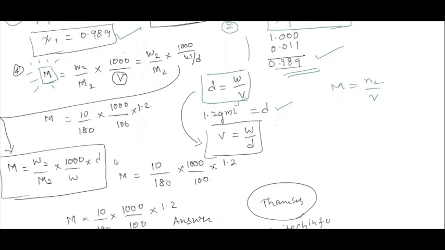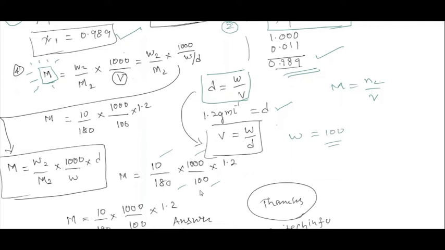Therefore, M is equal to W2, which is 10, divided by 180, that is the molar mass of glucose, into 1000 divided by now the volume of the solution, which is nothing but this one.